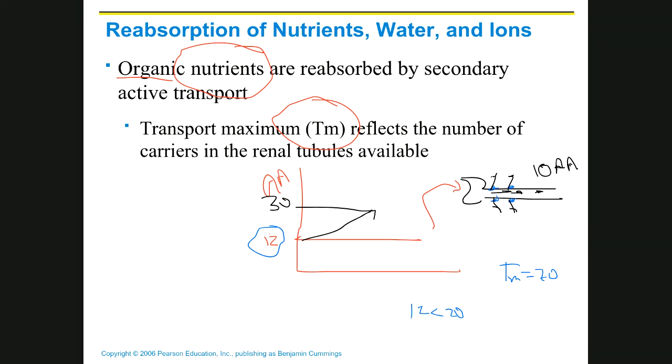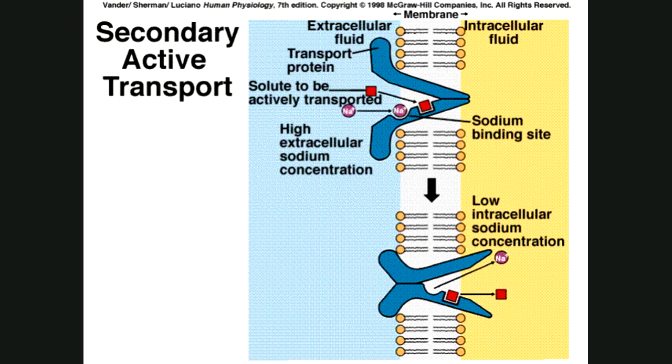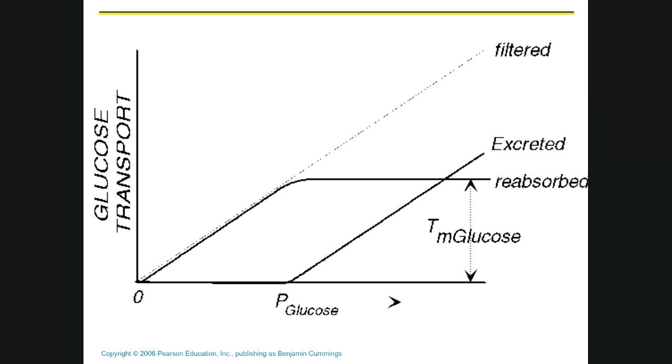Exact same graph, look. Exact same graph, but instead of glucose, it's amino acids. And so there's the transport maximum right there for this amino acid, and we said it's 20. So as long as I'm below 20, none of it is going to wind up in the urine.